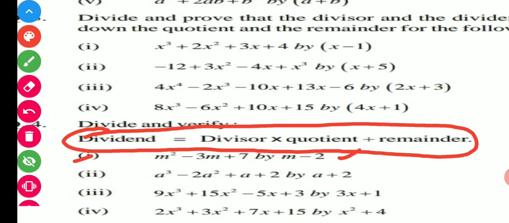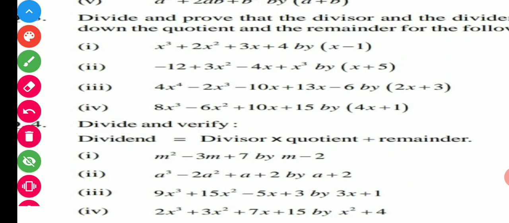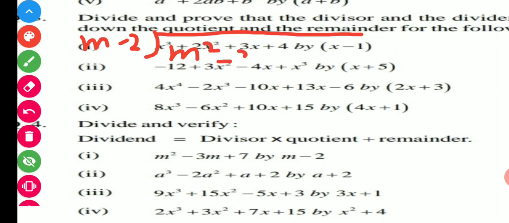पहले हम डिवाइड कर लेते हैं. So how can we divide this one? It is m minus 2 divided by m square minus 3m plus 7.